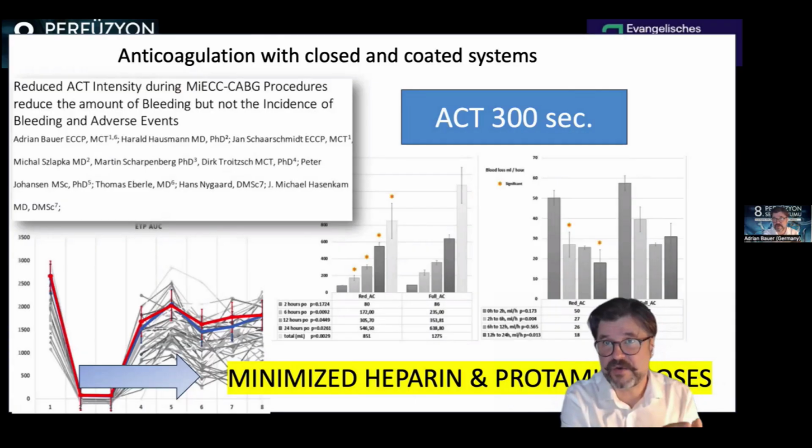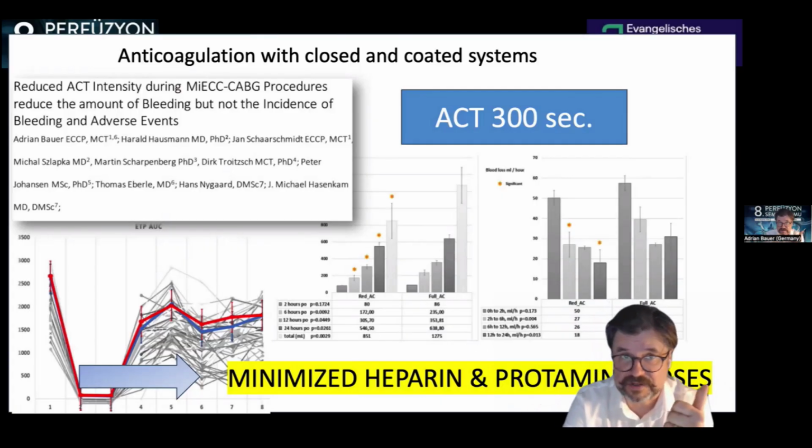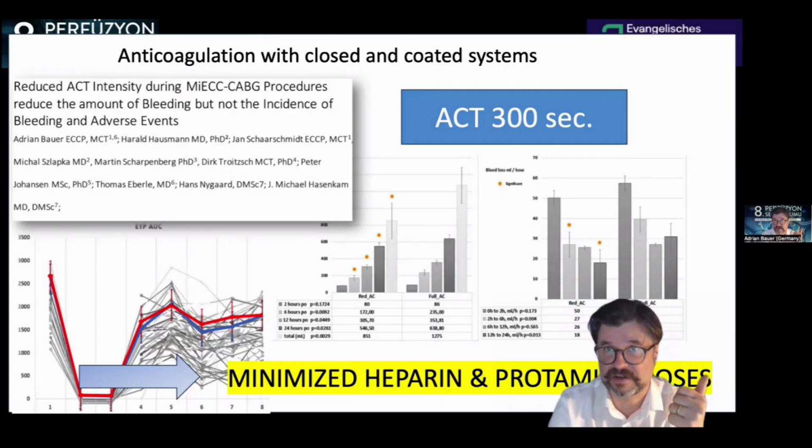We have no higher endogenous thrombin potential during the procedure, which is a good thing because we don't want to have any coagulation during the process. And afterwards, the ability of the blood to coagulate is better. So that could be the next thing you can do if you use a closed system with a surface treatment.